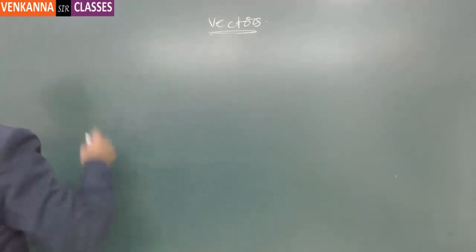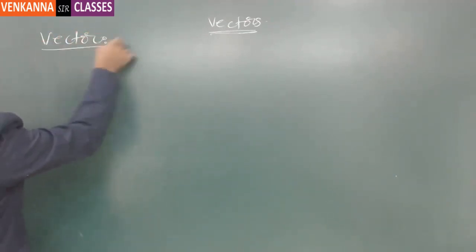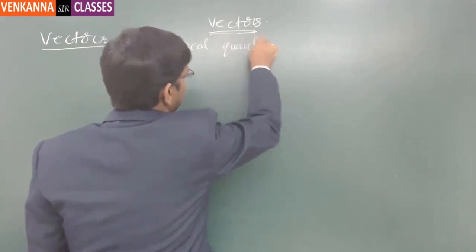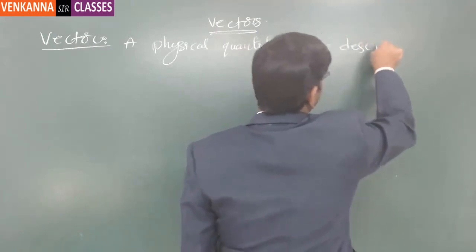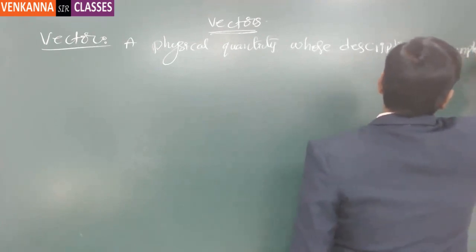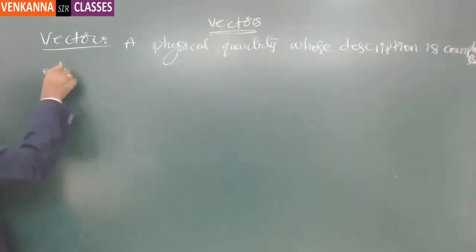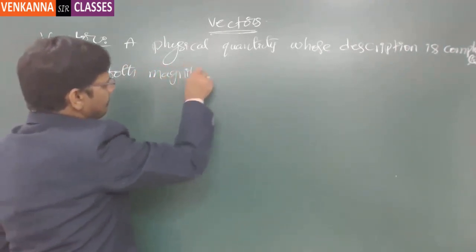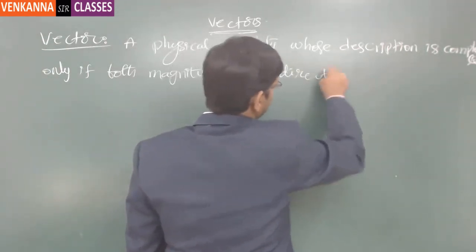So to be specific, we can define a vector as a physical quantity whose description is complete only if both magnitude and direction are specified.